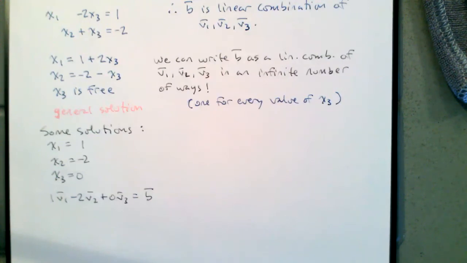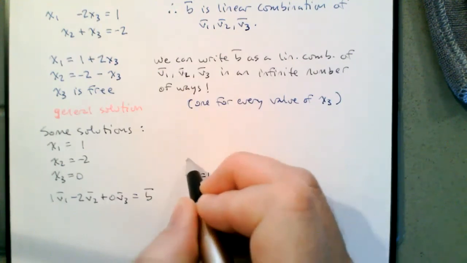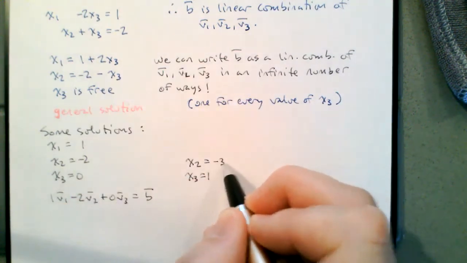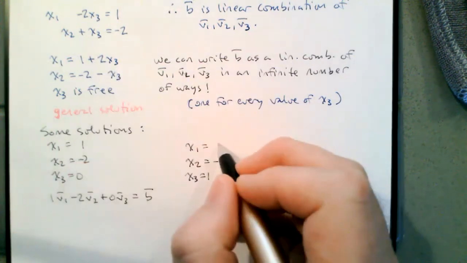Every choice of x3 will lead us to a solution. So if I choose x3 to be 1, then x2 is -2 minus 1, or -3, and x1 will be 1 plus 2x3, or 3.